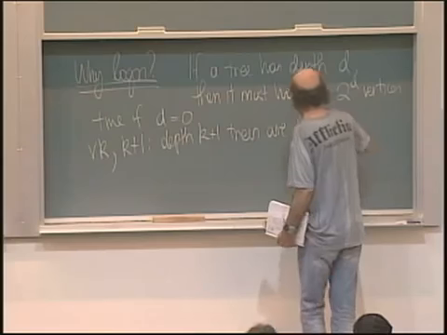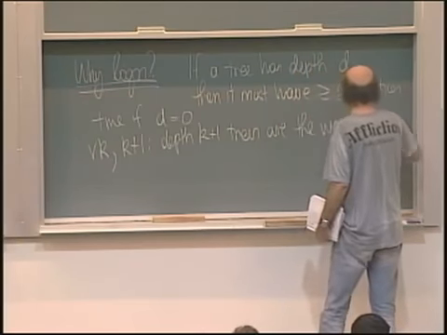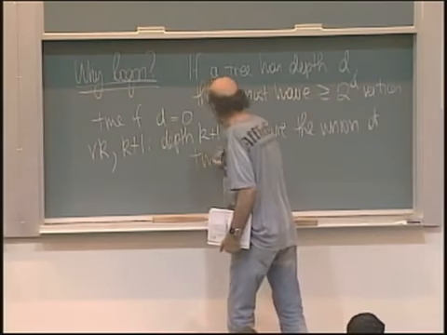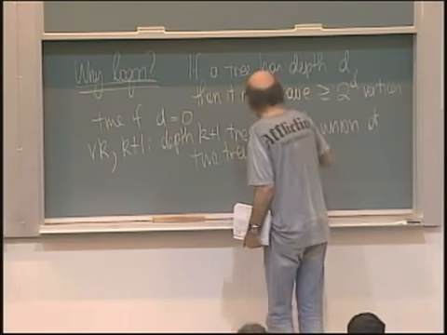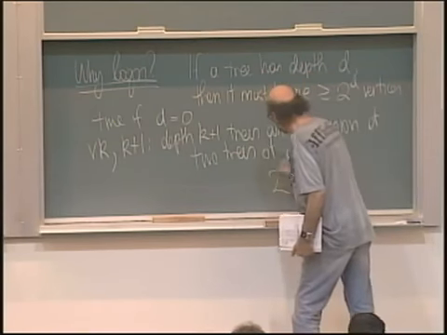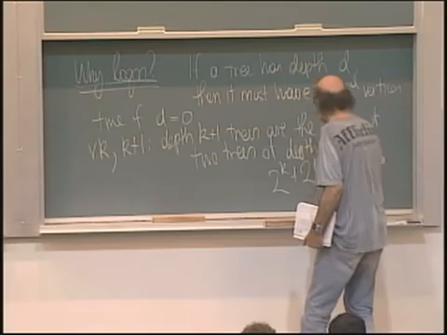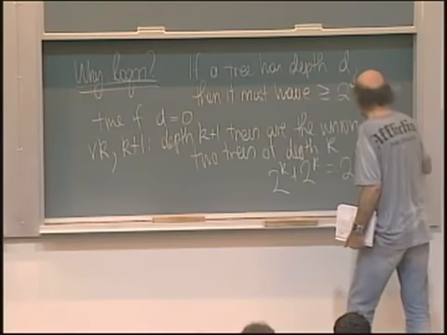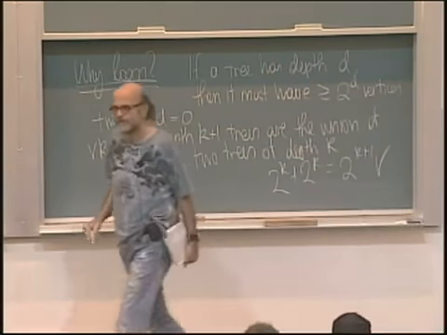Are the union of two trees of depth k. And therefore, 2 to the k plus 2 to the k equals 2 to the k plus 1, and we're done. Okay? End of proof.